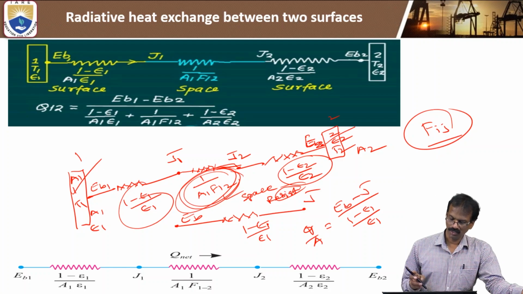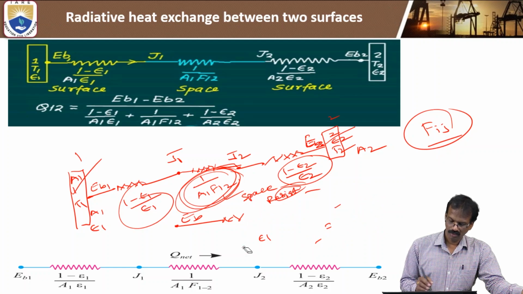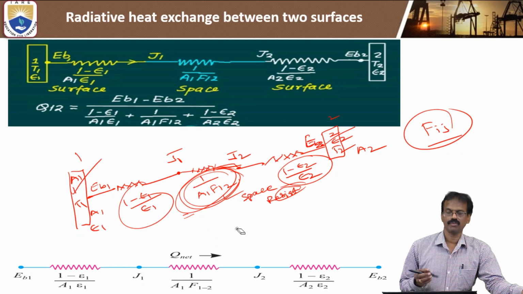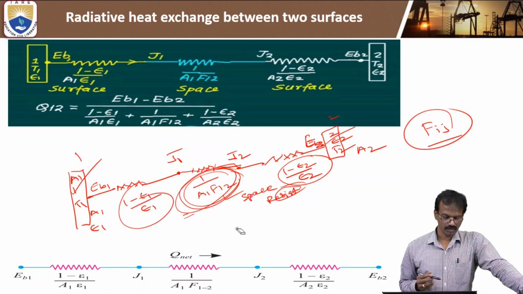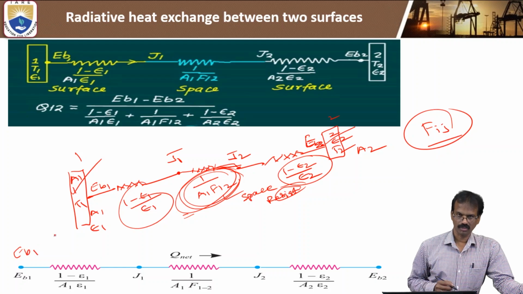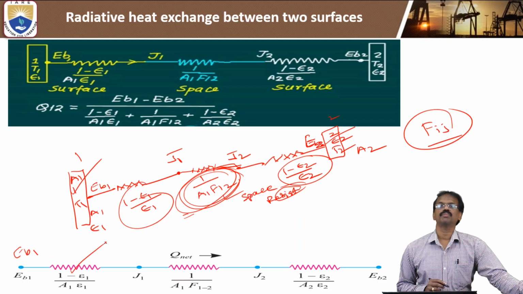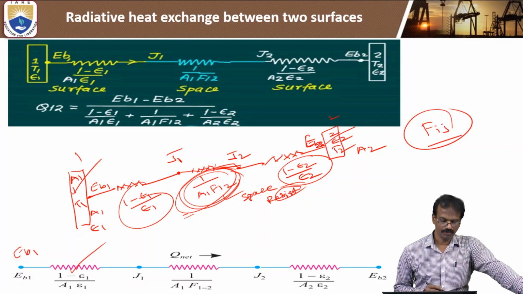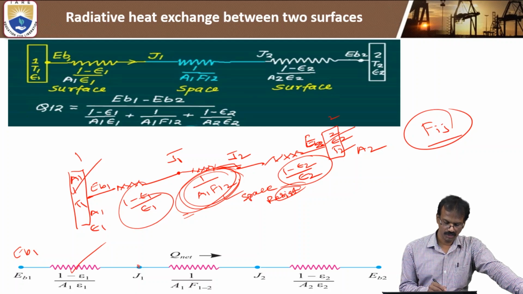Then the final formula is the electrical analog formula. You know the advantage of the electrical analog formula, we already discussed in the previous class. This is Eb1. It will start with the first surface resistance, 1 minus epsilon 1 by epsilon 1. If you consider area A1, it is 1 minus epsilon 1 by A1 epsilon 1. Next to J1.